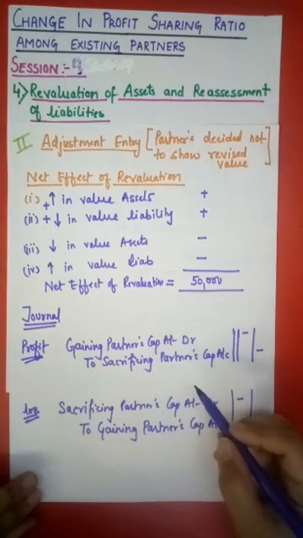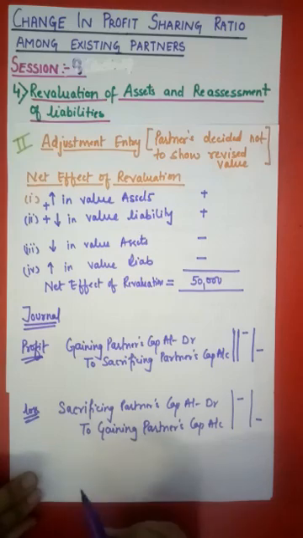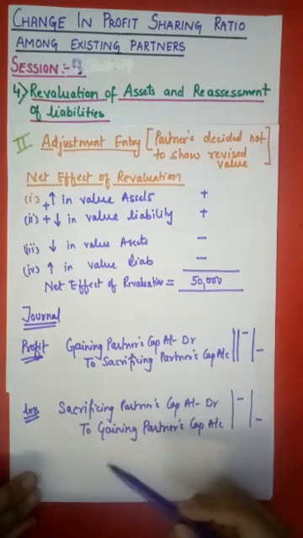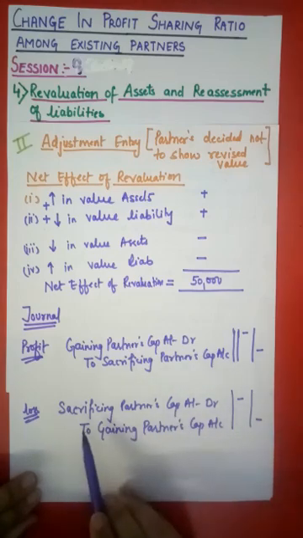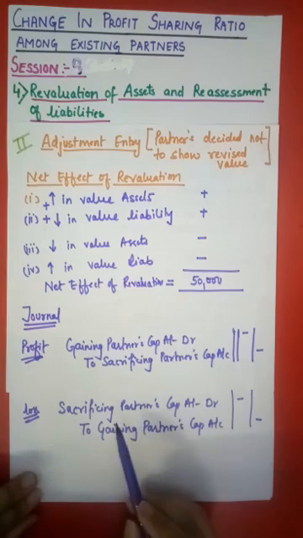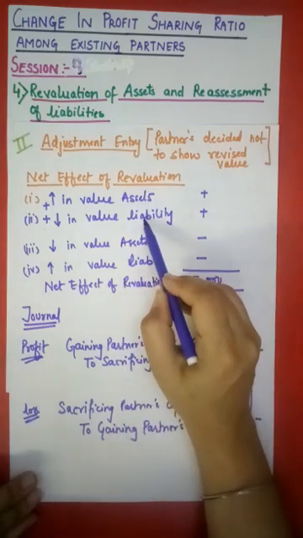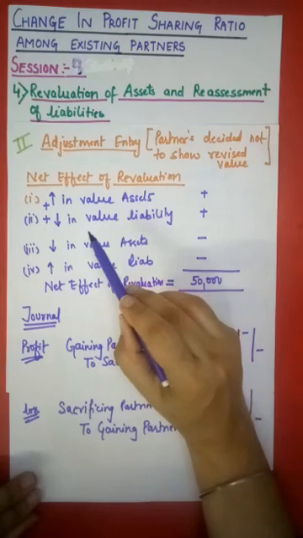And in this case, when we prepare the new balance sheet after the reconstitution of the firm, after the change in profit sharing ratio, the assets and liabilities will be shown in their old values.